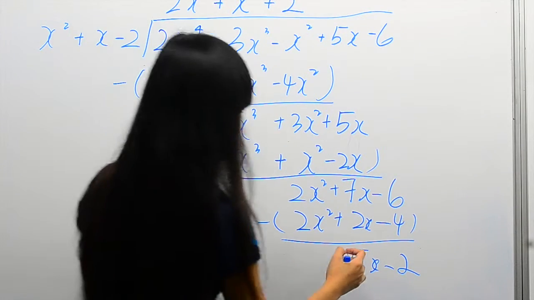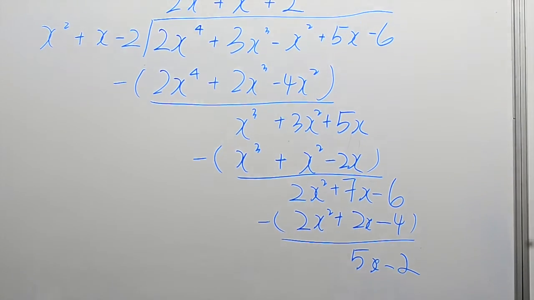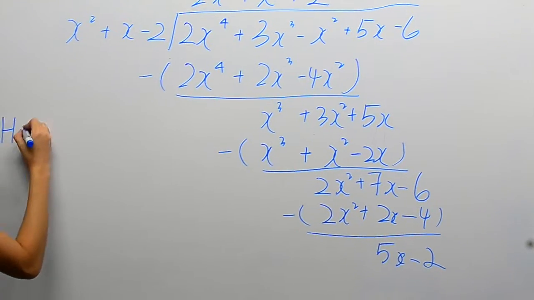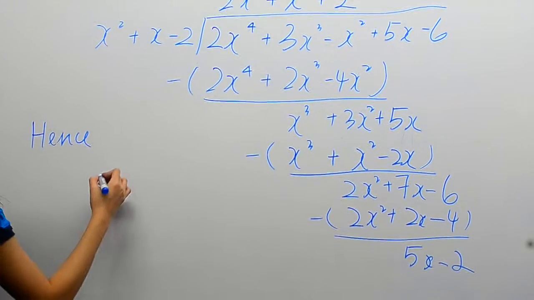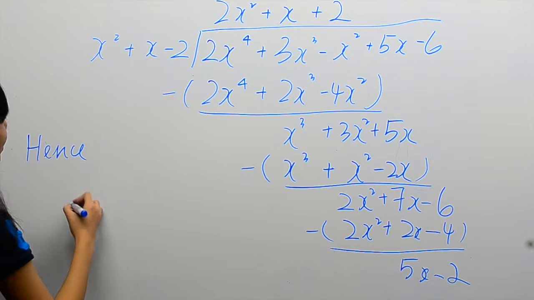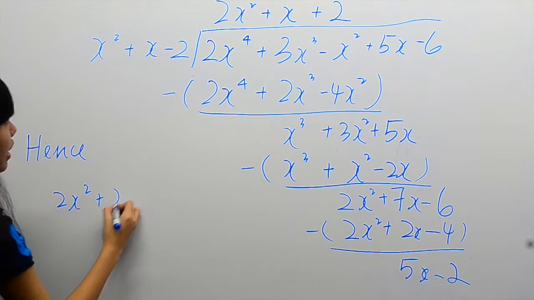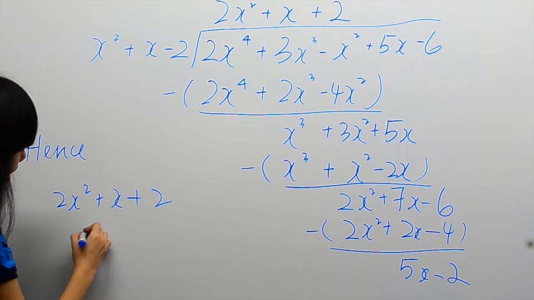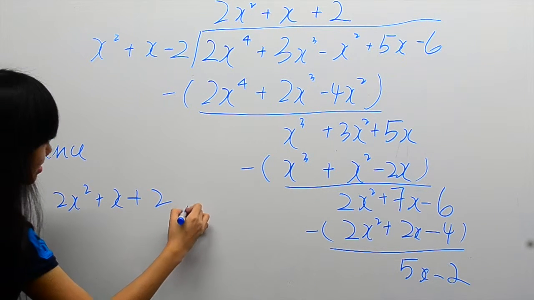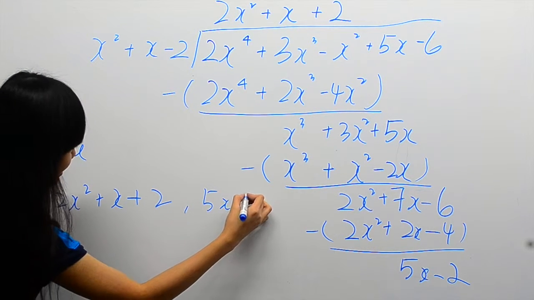This is the remainder. Hence, we will get 2x squared plus x plus 2, and the remainder is 5x minus 2.